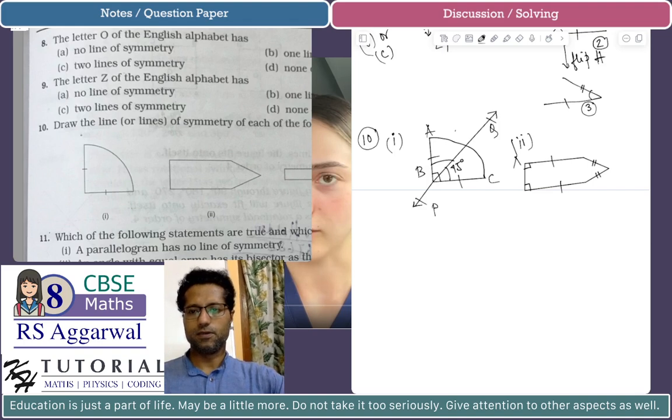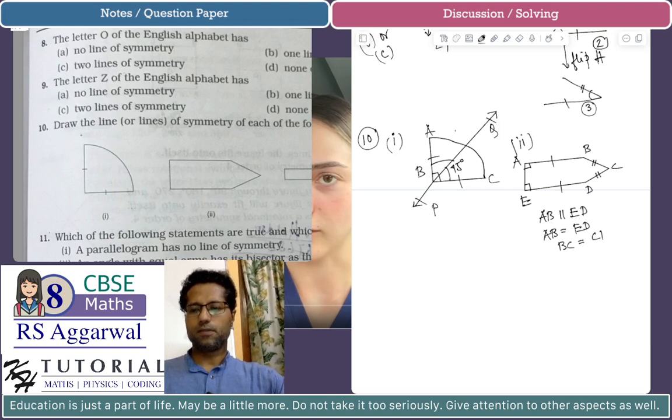So if this figure is A, B, C, D, and E, we can clearly see that AB is parallel to ED, AB is equal to ED, and also BC is equal to CD.